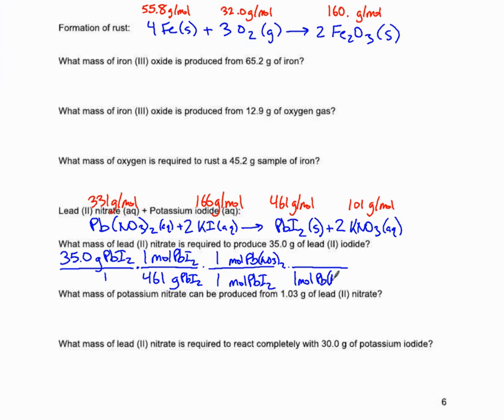We are looking for mass in grams, and we already know the molar mass. It is 331 grams. Once you put it in the calculator, you'll find it comes out to 25.1 grams.